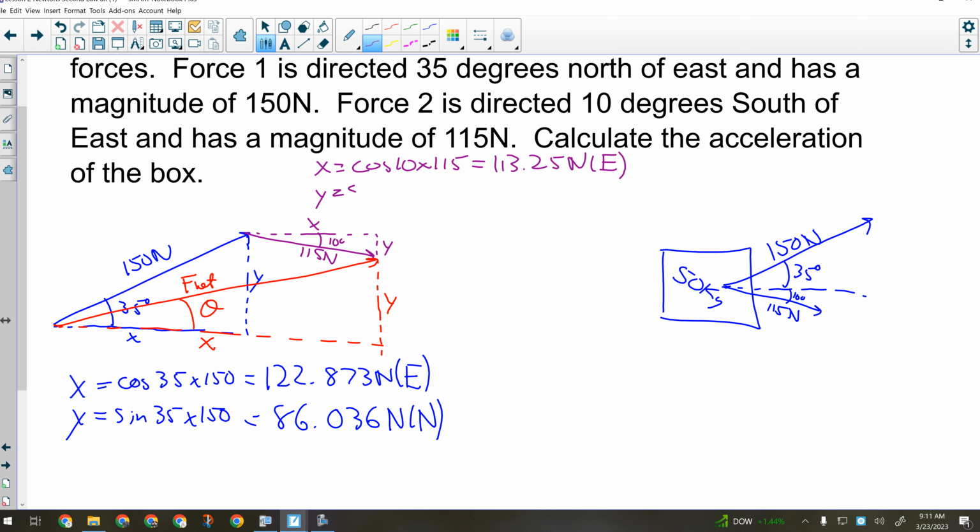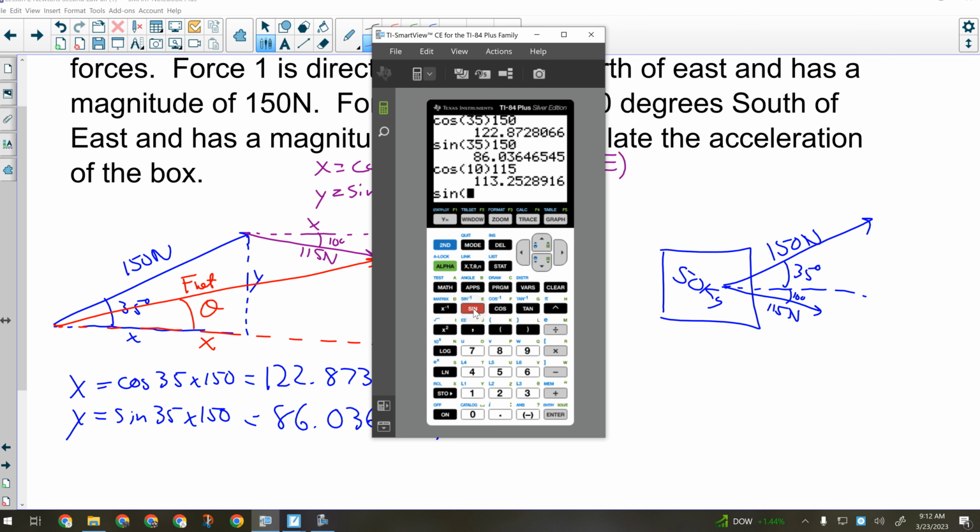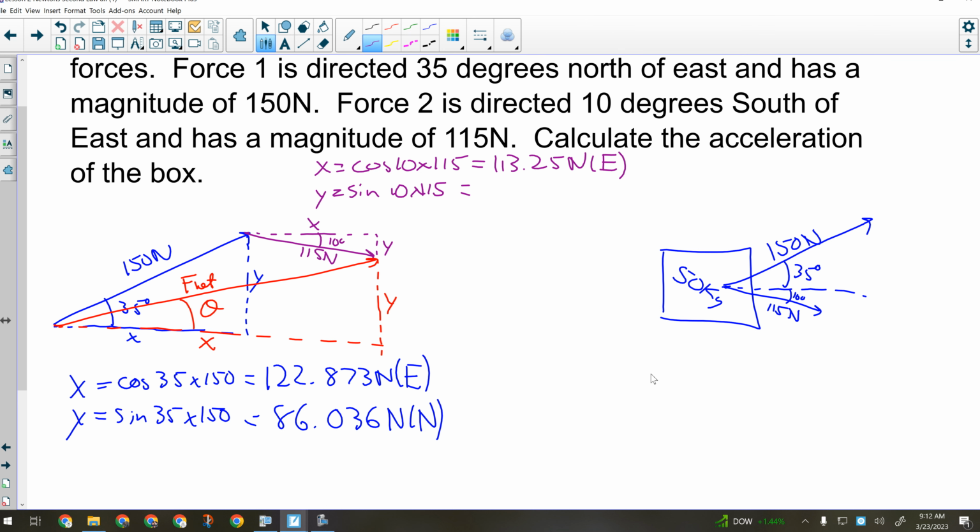My Y component is the opposite side, so sine of 10 times 115. So we're looking at 19.970 newtons south.